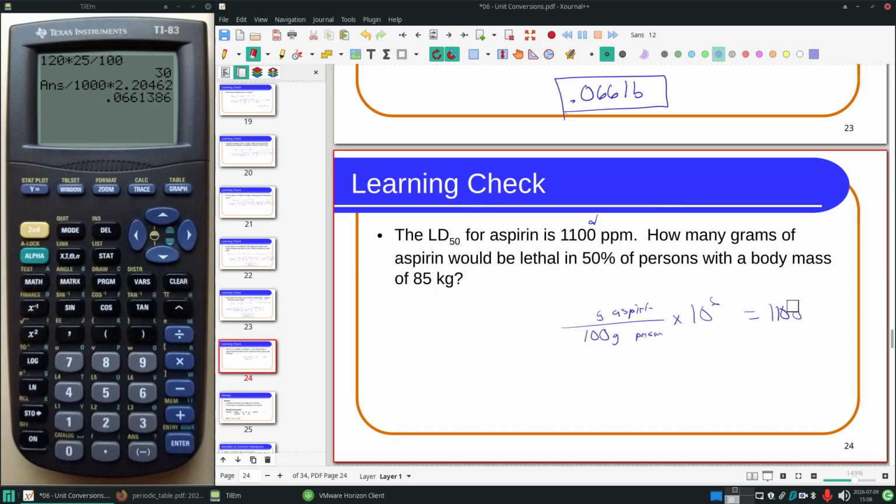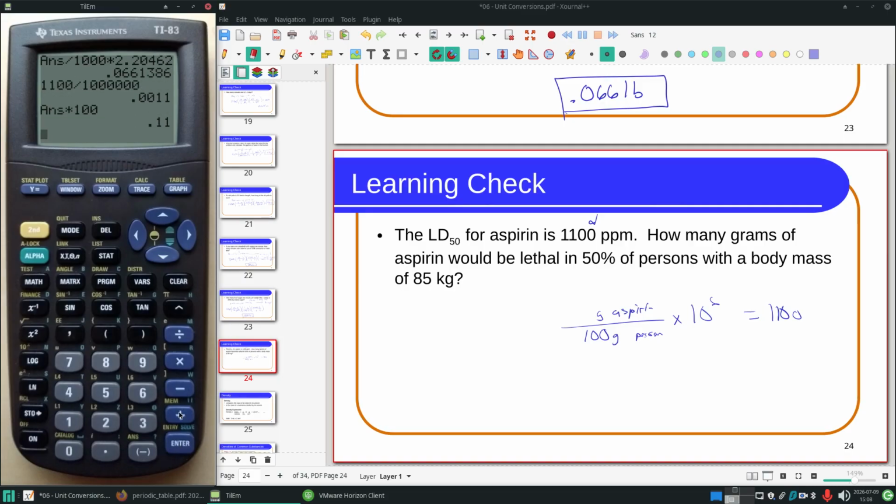All right, so I'm going to manipulate this so I have the grams. I'm going to figure out what the grams of aspirin would need to be. So what I'm going to do is take that 1100, sorry, divide by the million to move it over there. Move this over by multiplying by 100.